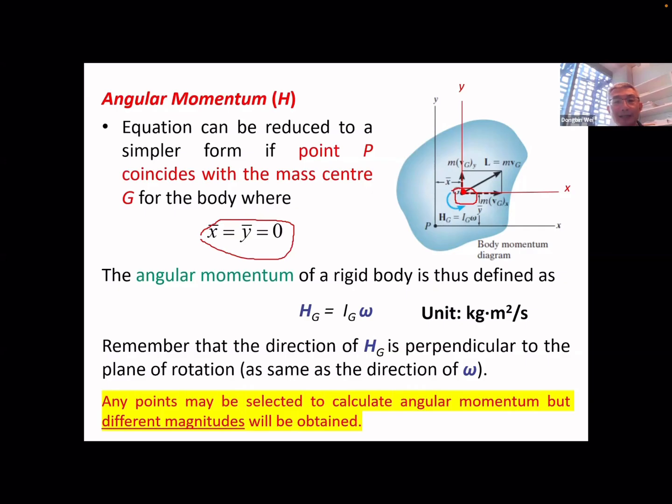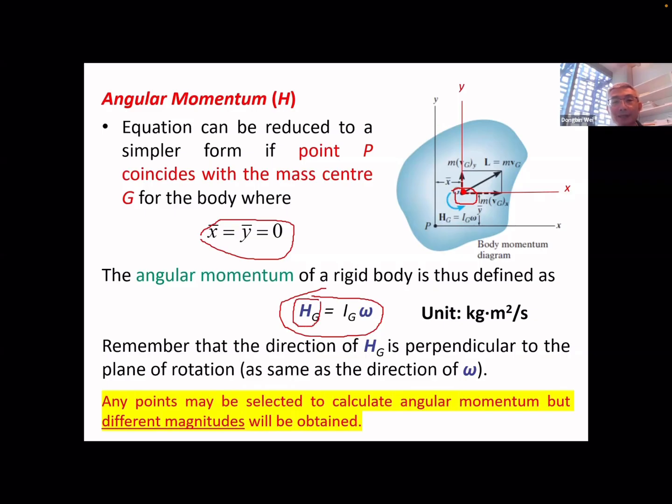So finally, in the equation, we only have the angular momentum of a rigid body can be defined as IG, the MMI of this rigid body, times omega. Again, omega is the vector, and angular momentum of this rigid body, Hg, is the vector.